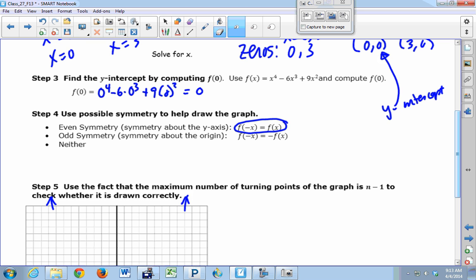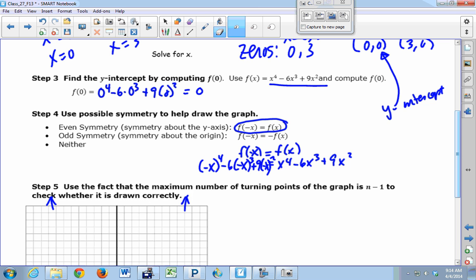So to do that, I want to see if f of negative x equals f of x. So let's replace f of x with what it equals. Here's f of x right there: x to the 4th minus 6x cubed plus 9x squared. Now on the left-hand side, I replace x with its opposite: negative x to the 4th minus 6 times negative x to the 3rd plus 9 times negative x squared.